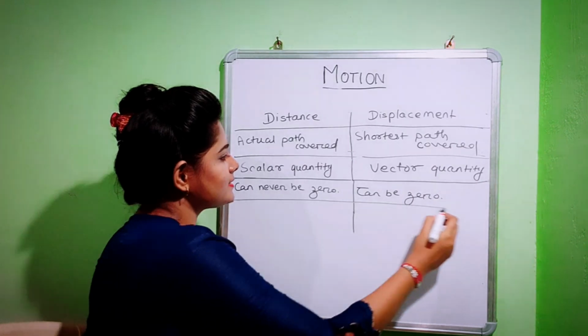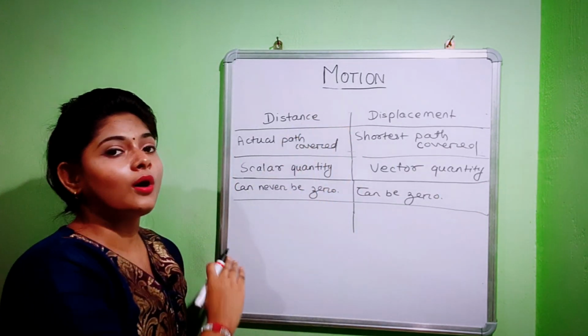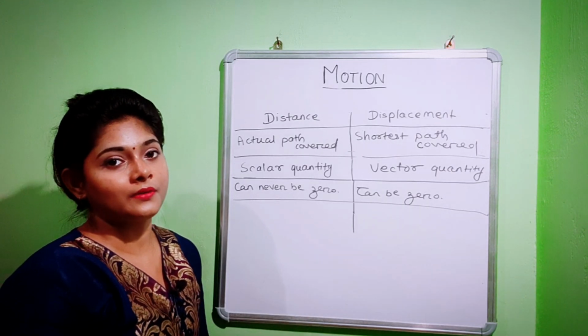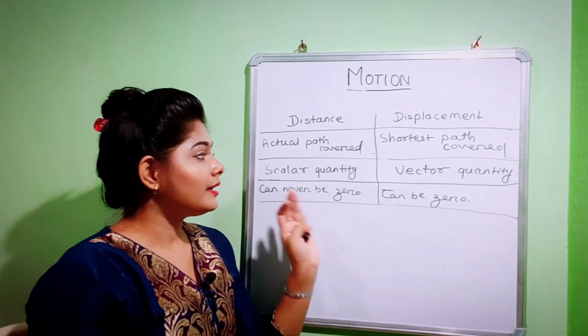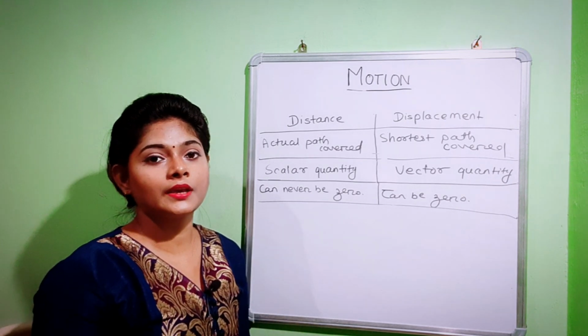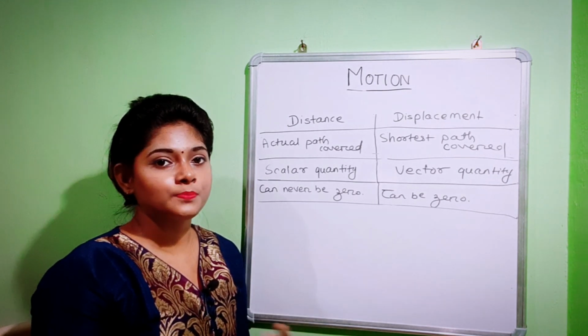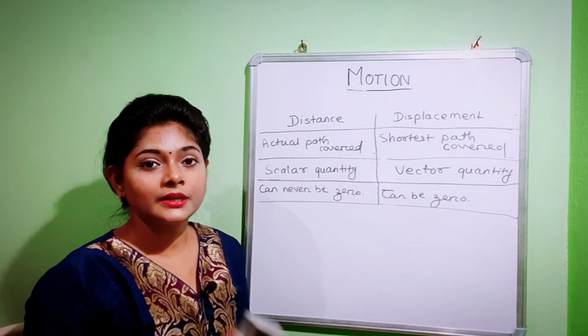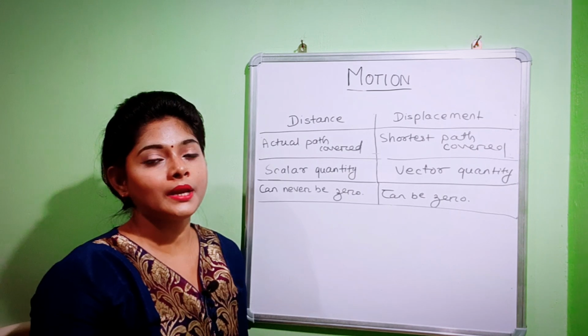Fourth difference is distance is always positive and displacement can be negative. As we know, distance is a scalar quantity, meaning there is no direction given, so it is always positive. And displacement, as it is a vector quantity, the direction is given, so it can be negative.